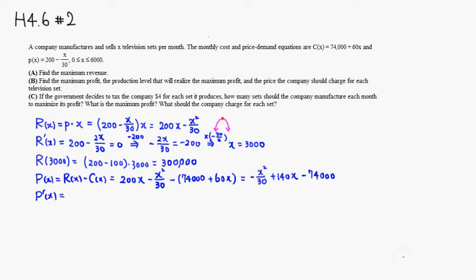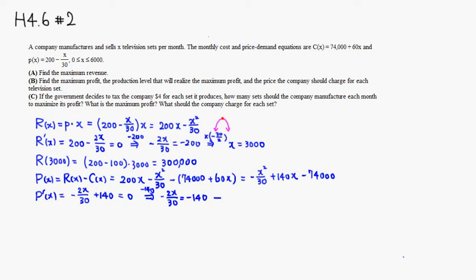Let's take the derivative of the profit function. We get negative 2x over 30 plus 140, and the derivative of 74,000 is 0. We set that equal to 0. Subtract 140 from both sides, so you have negative 2x over 30 is equal to negative 140.